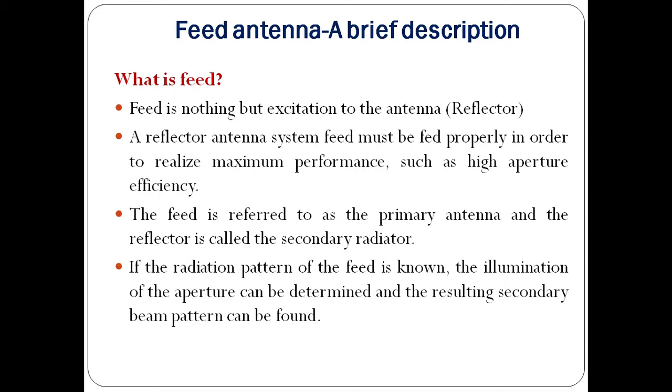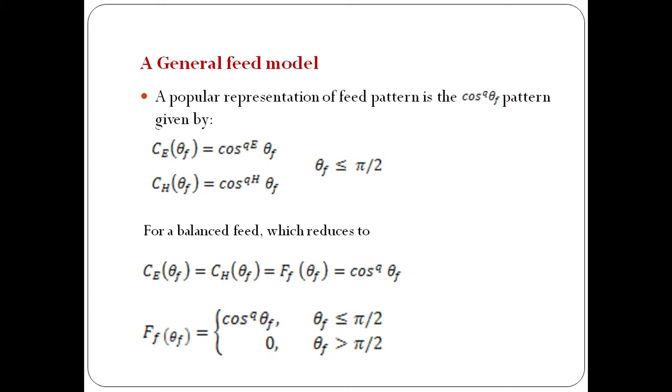If you know the radiation pattern of the feed, then the secondary beam pattern from the reflector can be easily found. So this is about the general meaning of feed.